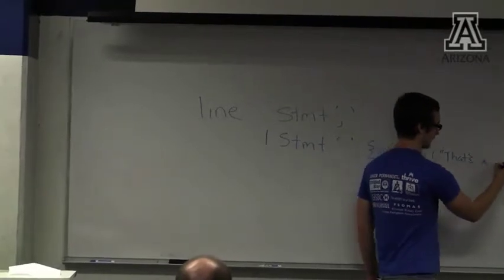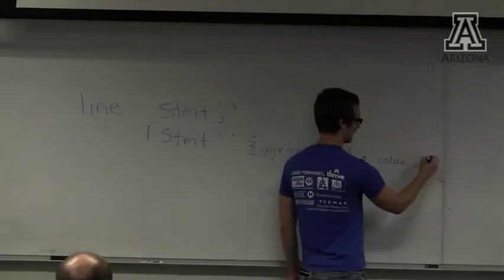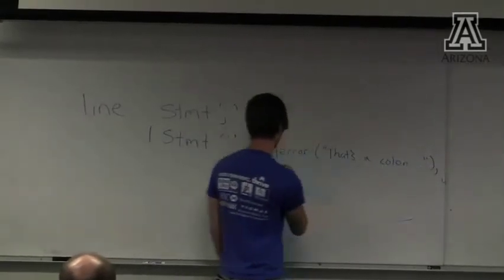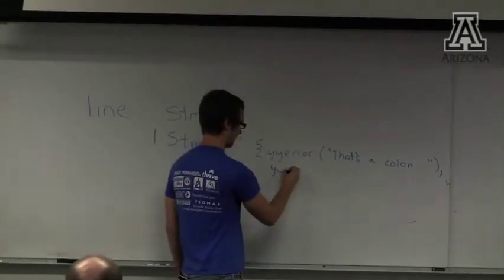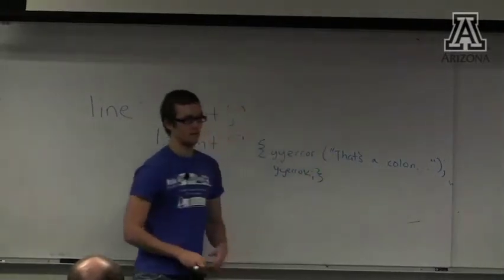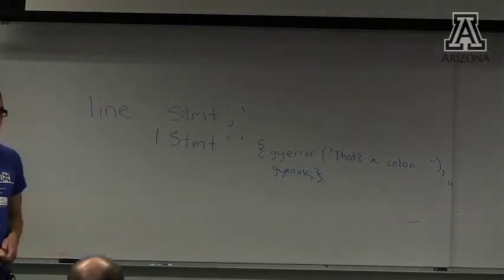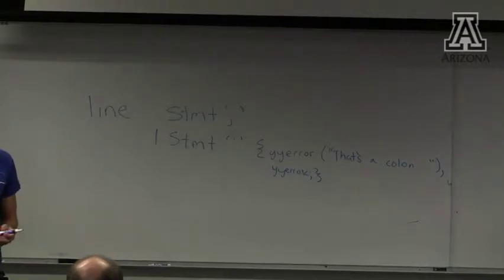That's a colon. Right, and then maybe you'll YY error, okay. So that's awesome. It makes your error messages really, really specific because you know exactly what's happened, right? You wrote a rule for it.